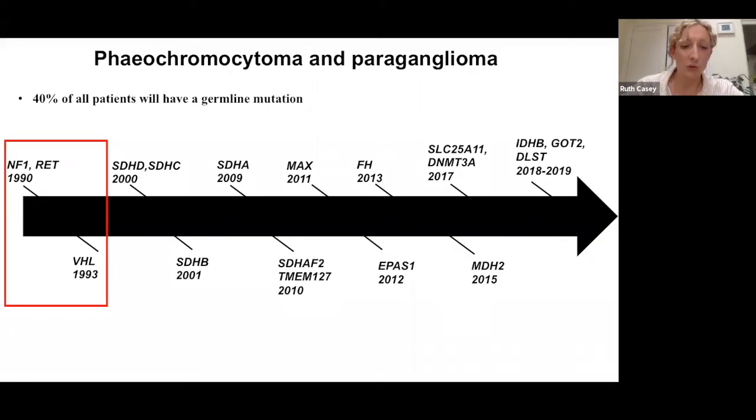And of course, these genes were first reported in the early 90s, but really it was the early 2000s that brought with it an era of genetic discovery. And we now know that there are over 15 genes implicated in hereditary pheochromocytoma and paraganglioma.